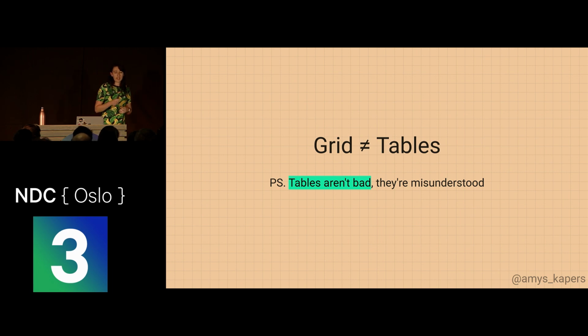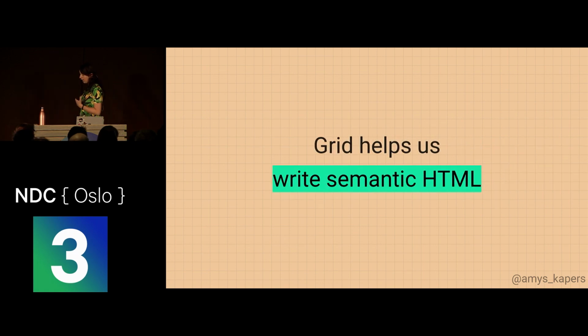CSS Grid is also again bringing us back to our separation of concerns principles, which is where CSS is where we're defining how it looks and feels, and HTML is for content only. CSS Grid has also helped us to write more semantic and logical HTML. We no longer need to write our HTML based on how the page design looks.